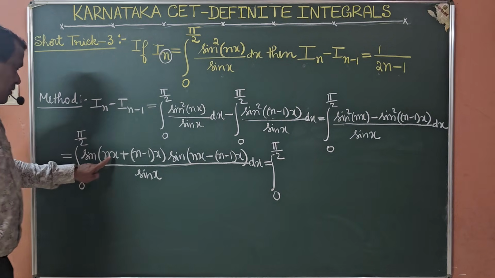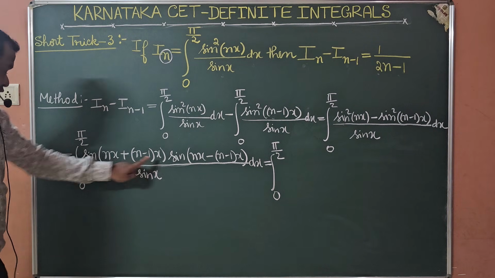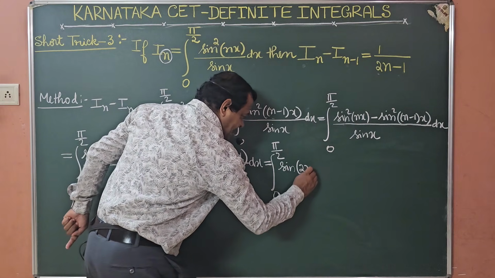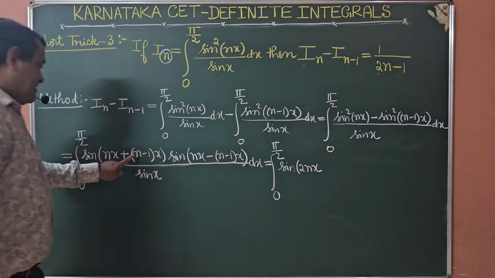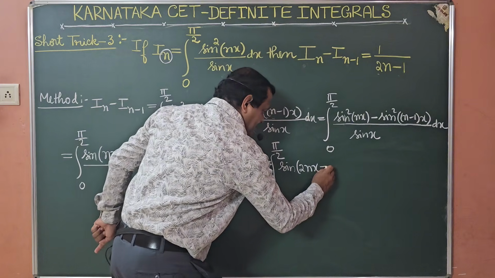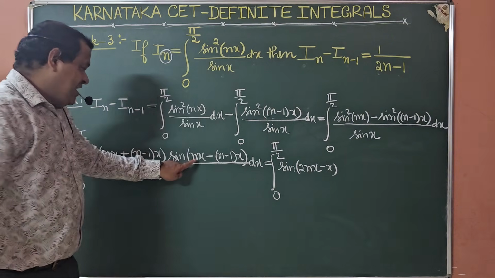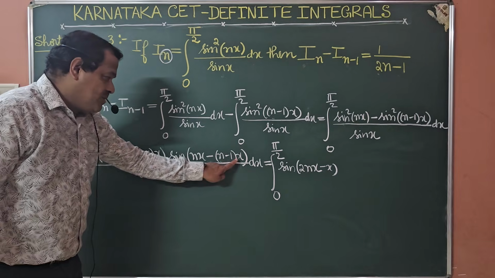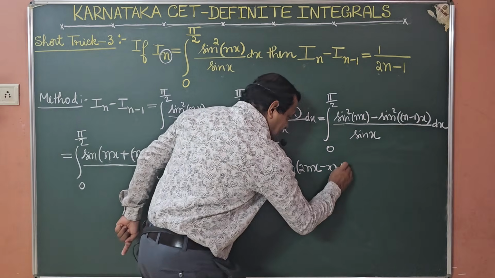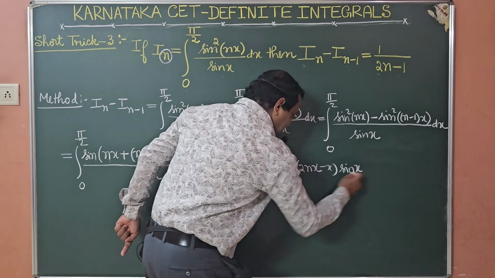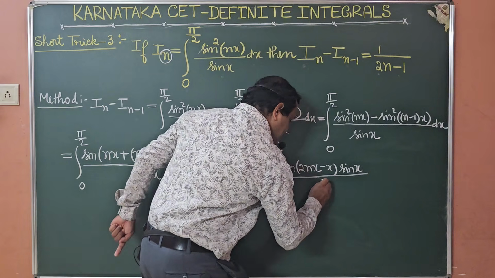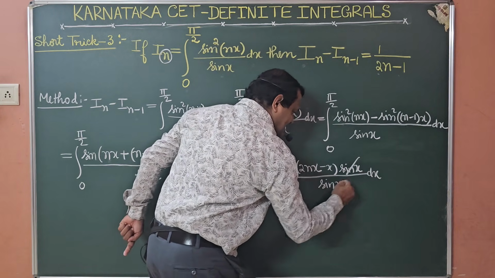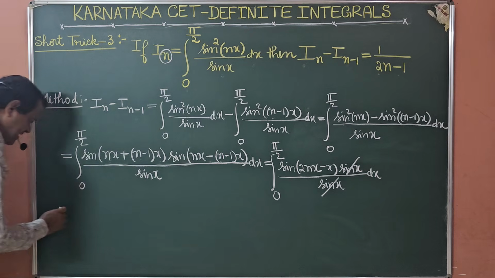Now if you do the mental work, nx plus nx is 2nx, so sine of 2n minus 1 into x. And this is nx minus nx gets cancelled, and minus into minus gives plus x. So sine x divided by the same sine x dx.